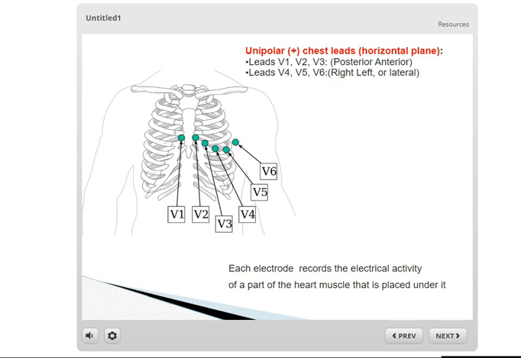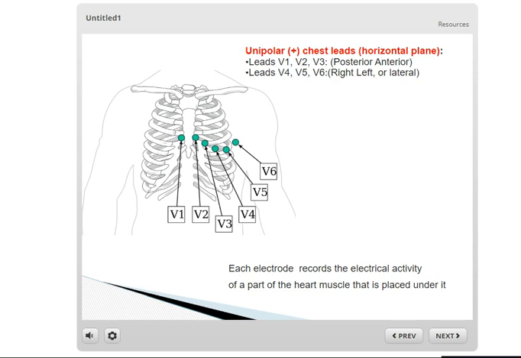They provide information about the posterior to anterior electrical activity of the heart. And leads V4, V5, and V6 are positions on the lateral chest wall, moving from the right to the left. They provide information about the right to left electrical activity of the heart.